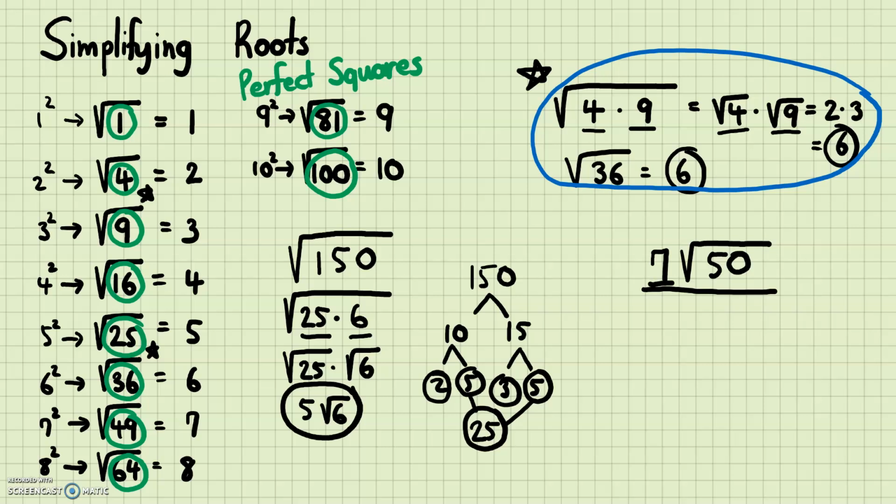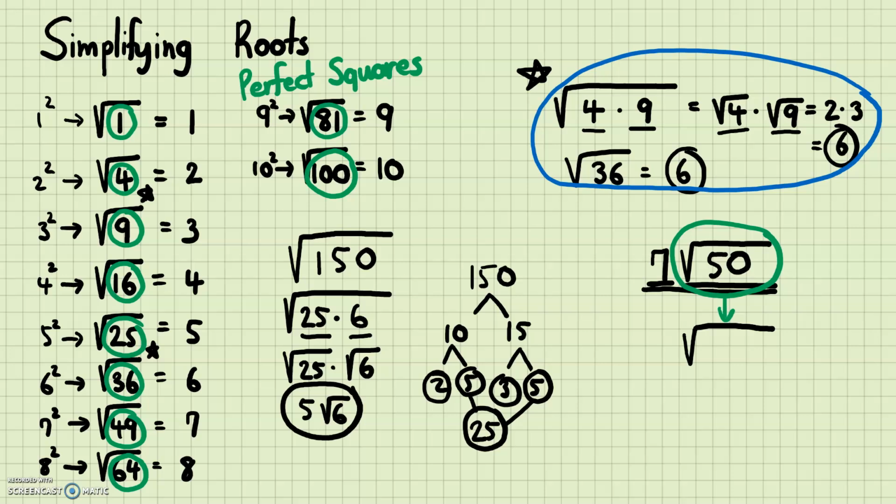So obviously, when you have something like this, a whole number times a root of something, just do the root part first, and then you can deal with the whole number later. So let's just focus on the square root of 50 for now. Is there a perfect square number inside 50?